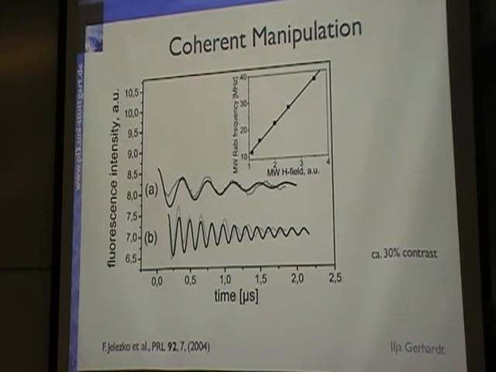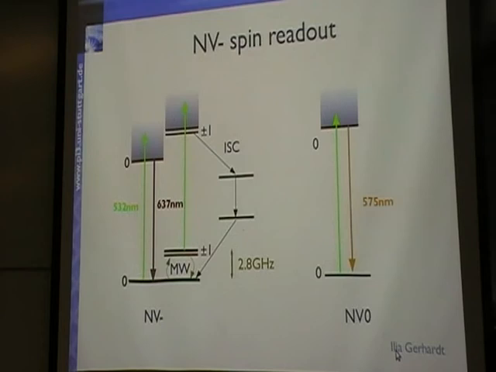And we have to realize that this is not only a single kind of system. For example, in this case it's a negatively charged NV, but there's also something which is called an NV0 state. So then the negative charge is in the close proximity, as we know now, and this emits at 575 nanometers. So in principle, every now and then, this NV, which is nice and good, has a transition over to the NV0 state, and then it's gone, so to say, and we lost all the coherence, everything is forgotten, and then at a certain point we get back to the NV minus.